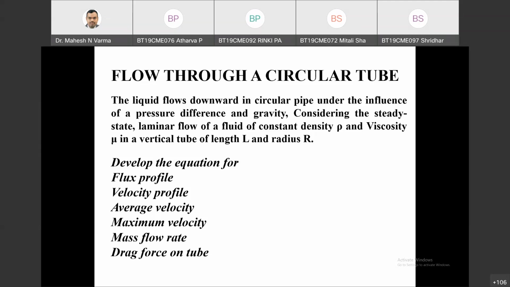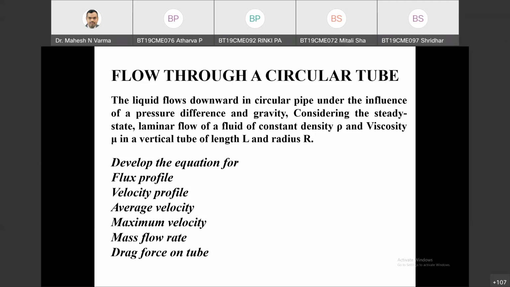Otherwise, near the wall there would be Vr velocity and theta velocity, everything would be there, but we are neglecting that. So end effects are neglected and the problem is symmetric, hence V theta equals 0. End effects are neglected and we are dealing with laminar flow, hence Vr equals 0.